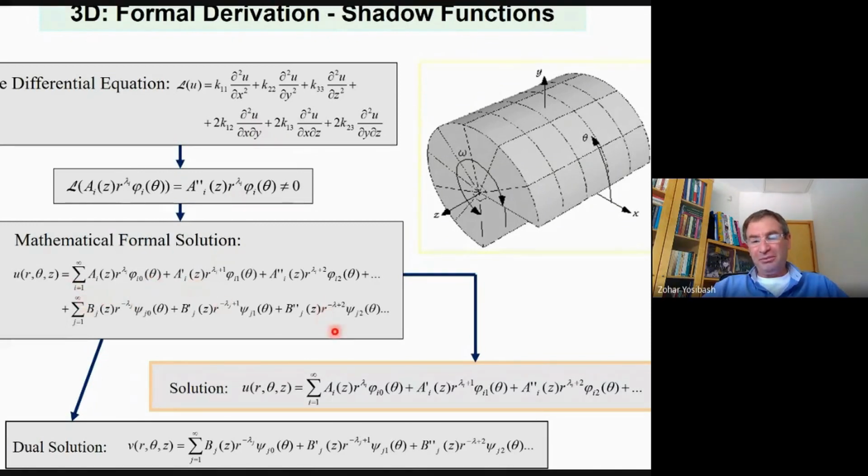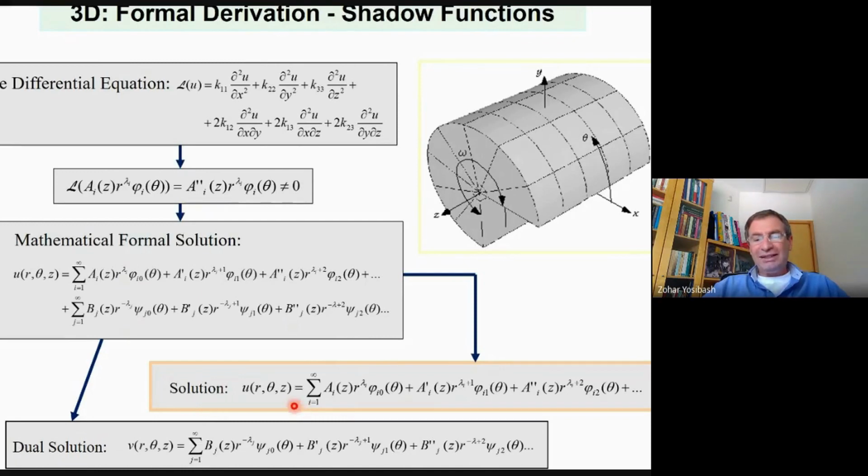I hope you are able to see that because the letters are not that large. But what is important to realize here is that again, I have the solution. And of course, to each positive eigenvalue, I can get also a negative eigenvalue, which is a solution. So I again divide that into 2. I have the dual solution, and I have the solution itself.